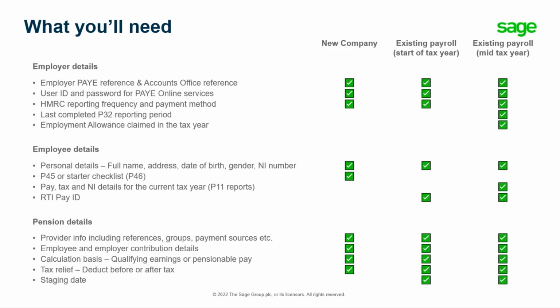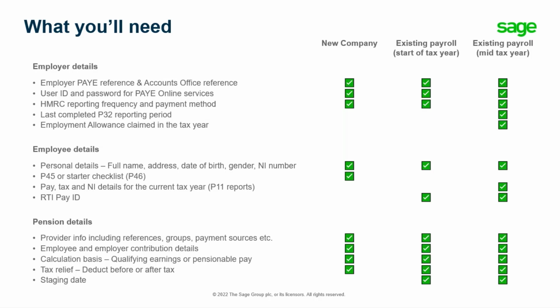In the demos today, we are going to focus on start of tax year, as we are very near the start of the tax year right now. But if you were setting up mid-tax year, there'd be additional information you need to enter in terms of opening balances, which I will mention when we take a look at those options. So first of all, you'll need some employer details, including your PAYE reference and accounts office reference.